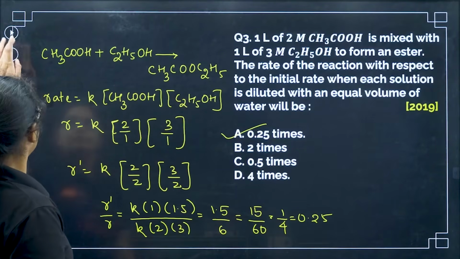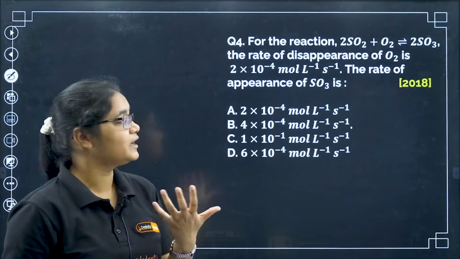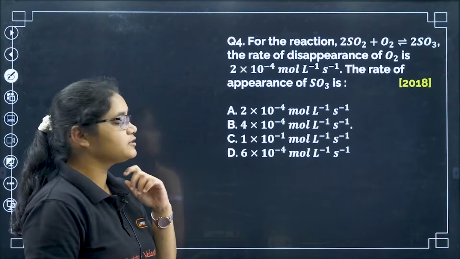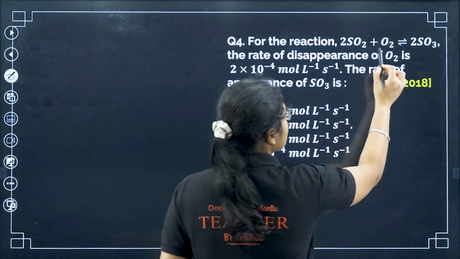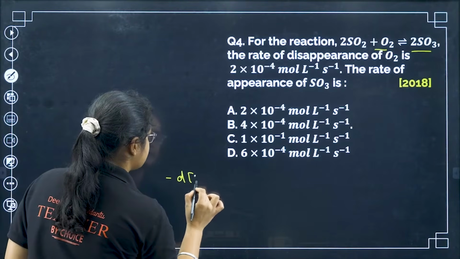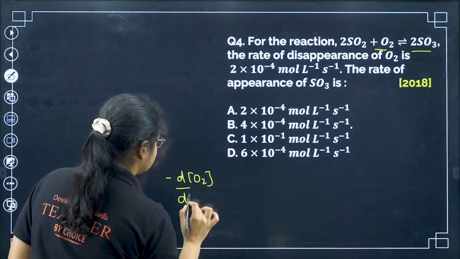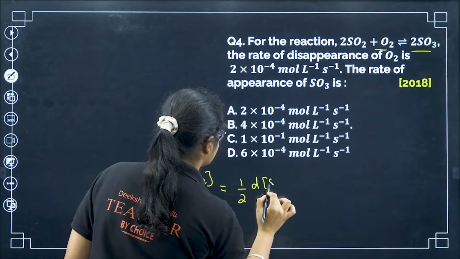Okay, moving to the fourth question, for the reaction 2SO2 plus O2 gives 2SO3, the rate of disappearance of O2 is given, the rate of appearance of SO3 is. So O2 and SO3 we have to link. So from differential equation I can write minus dO2 by dt is equal to 1 by 2 of dSO3 by dt.